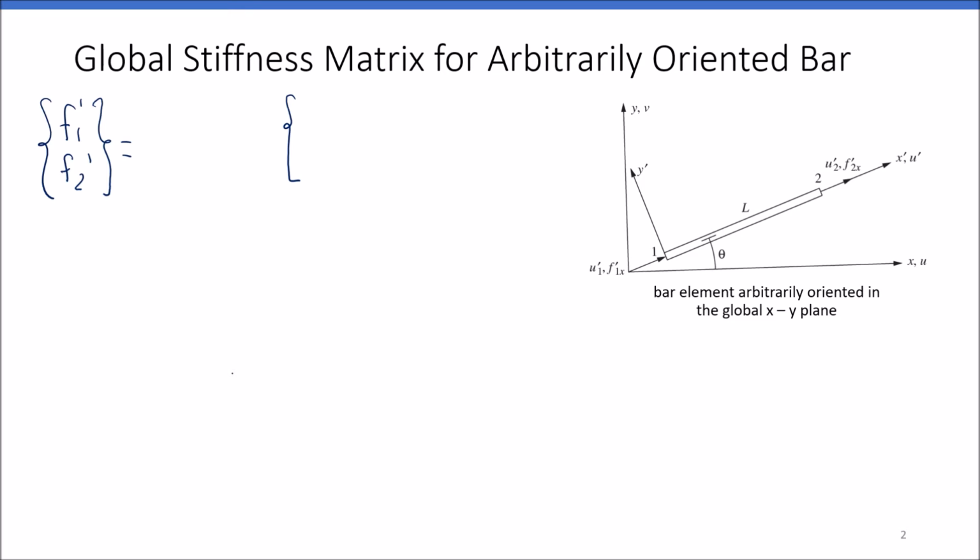So that would be U1 prime and U2 prime. The stiffness matrix was AE over L multiplied by 1, minus 1, minus 1 and 1.